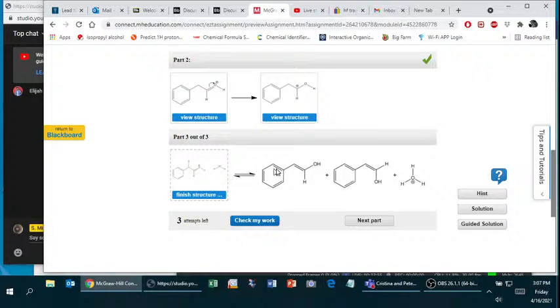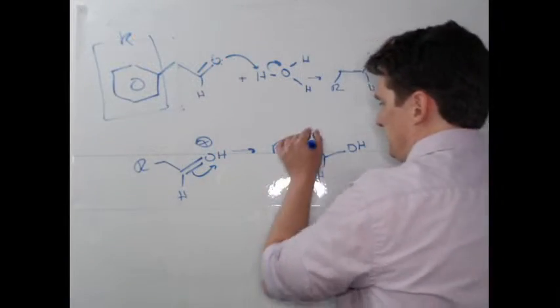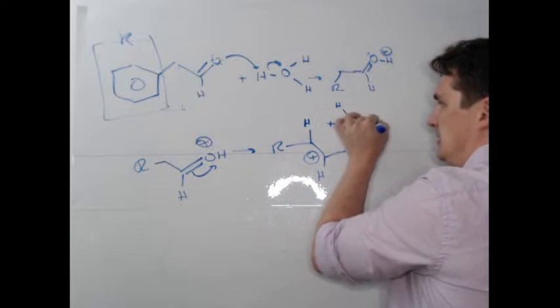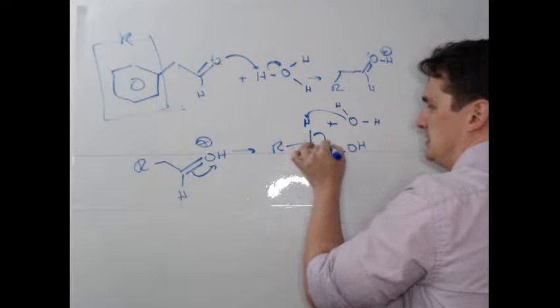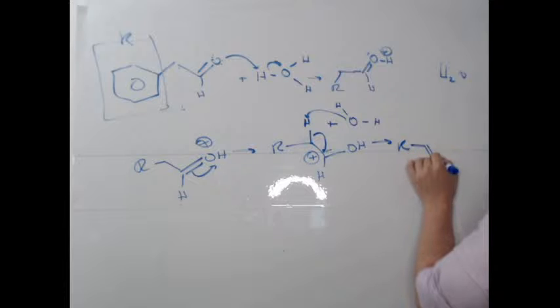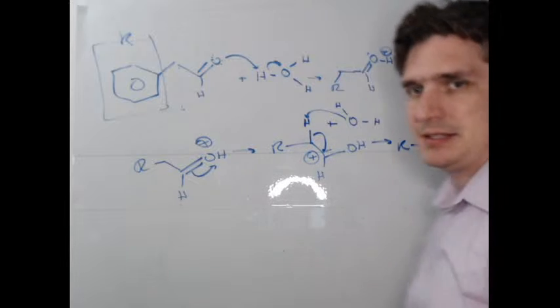All right, the last step, we've got water. And so what the water is going to do here is, we've got a hydrogen. It's going to attack the hydrogen. This is going to kick down to give you the double bond. And you're going to finish up with your enol and hydronium, H3O plus.